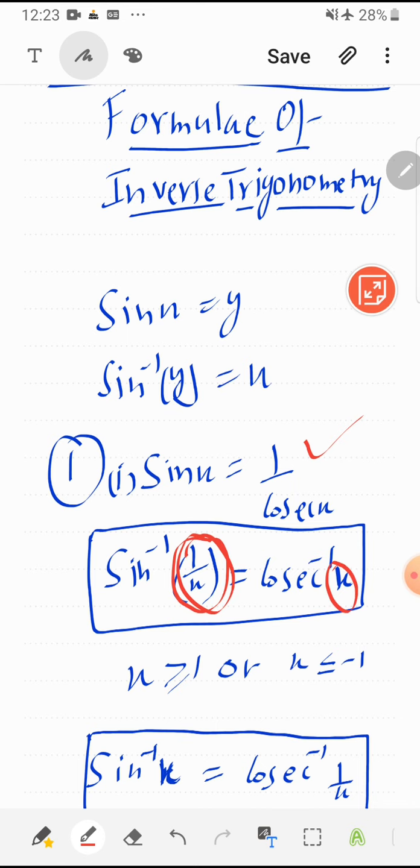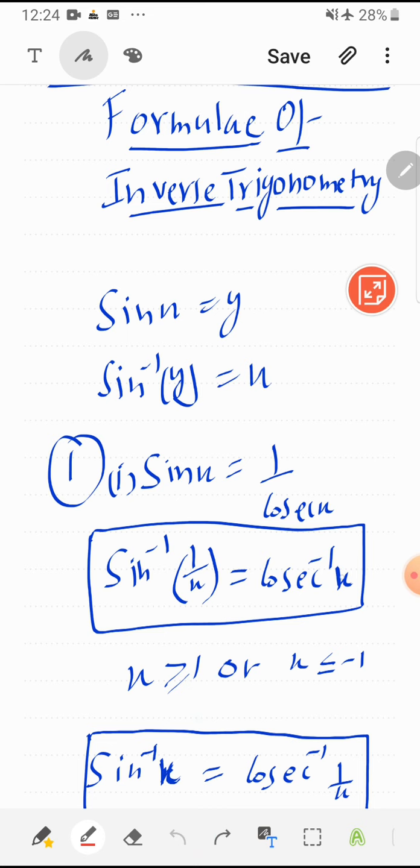So the same is the message in trigonometry. That means sine and cosecant are reciprocal, and the same is the message in inverse trigonometry: no doubt we have put an equal sign, but their values are reciprocal. I hope this is clear to you. And in inverse trigonometry we always have some condition on x. What is the condition here?